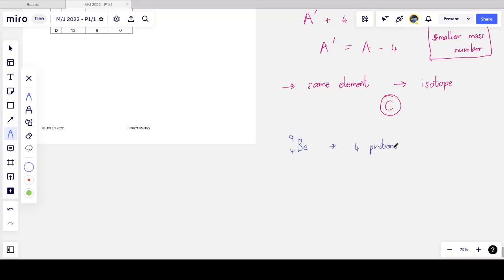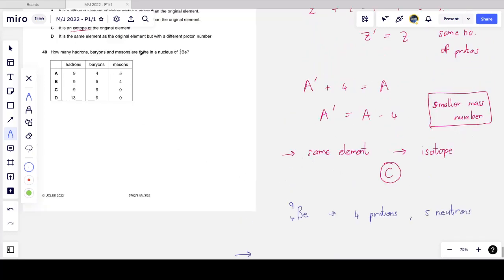Remember, the bottom number, Z, is the proton number. And the number at the top, be careful, is not the neutron number, it is the nucleon number. And so there's 4 protons and 5 neutrons. So what does that mean? That means there are 9.